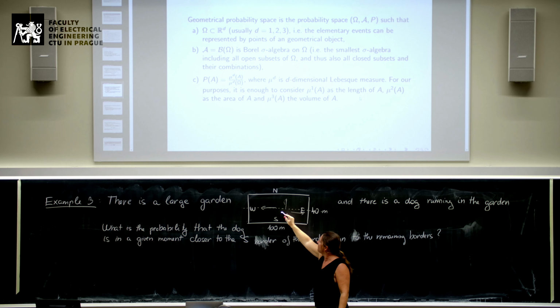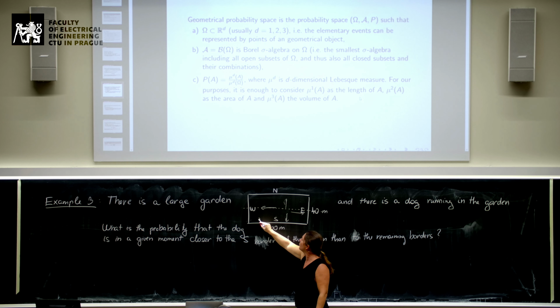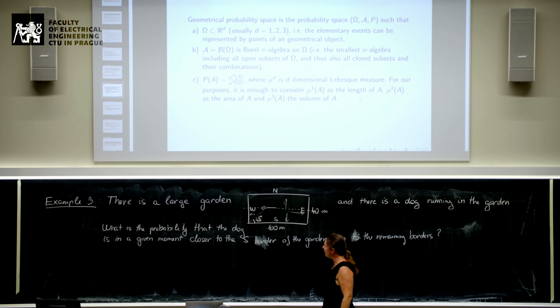The points from the lower rectangle are closer to the south border. But what is the border between the points closer to the south and closer to the west? It is, in fact, the line where the angle of the line with the horizontal line is 45 degrees.